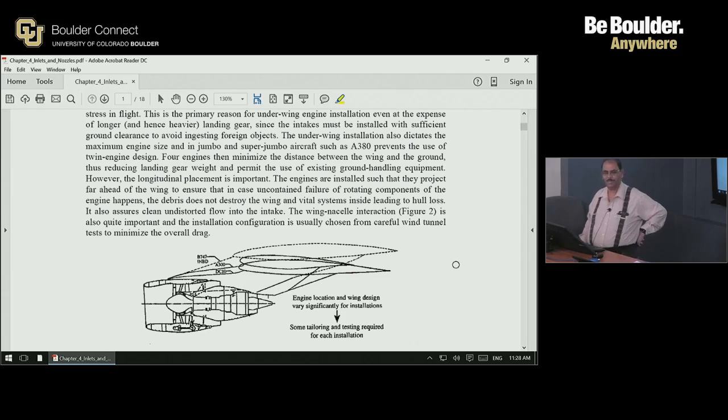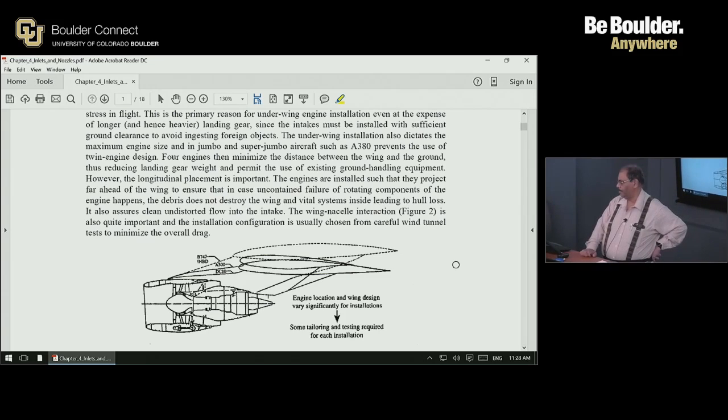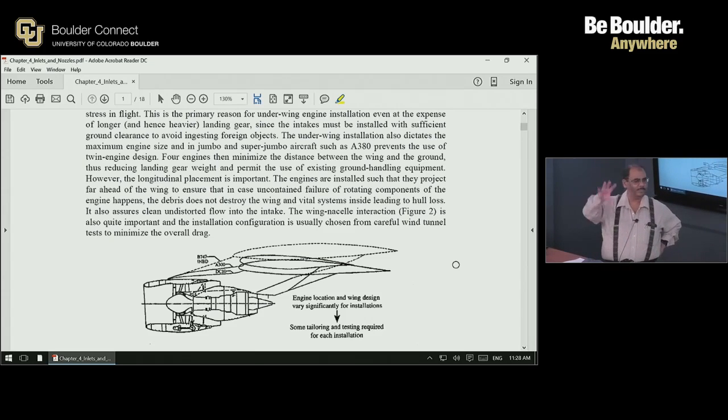There are other practical considerations when it comes to the engine installation, because the engine installation should not adversely affect, say, the airport operations. Okay, because as you can imagine, the walkways and things like that airports are equipped with have a restricted range of operation, and therefore, if you try to hang too large an engine underneath the wing, the operations might get affected.